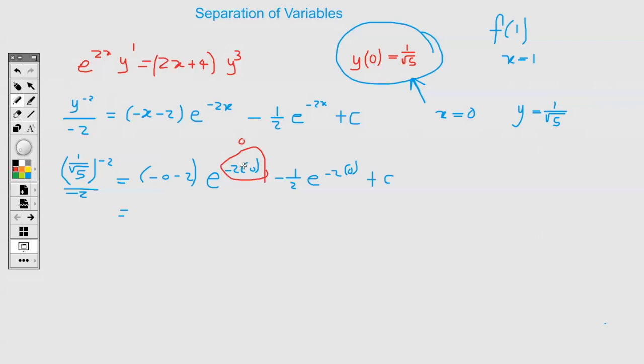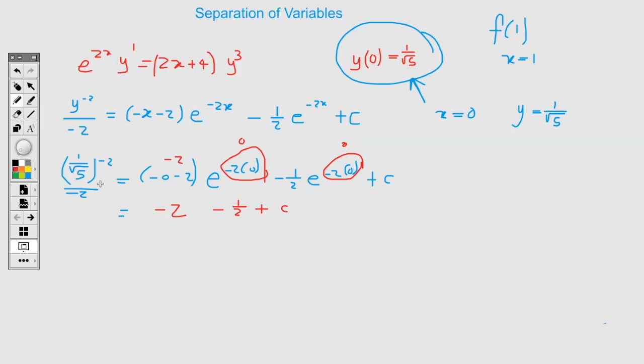And anything raised to the power 0 is 1. So 1 times, this will be negative 2. That will give a minus 2. I repeat, minus 2 times 0 is 0. E to the 0 is 1. 1 times negative 2, that's minus 2. Same scenario here. This will give us 0. E to the 0 is 1. 1 times minus a half would be minus a half plus c.